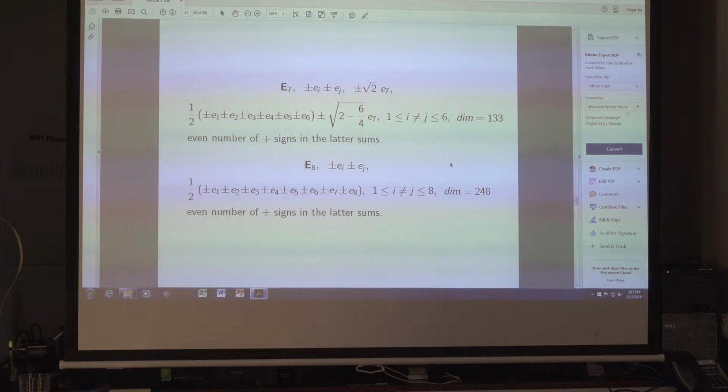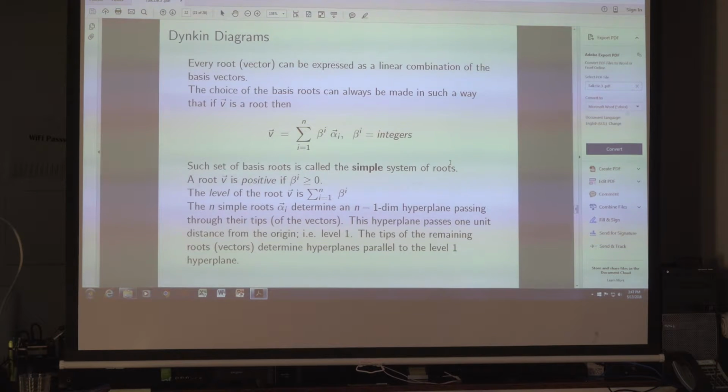So this is all in your book, all the details of how you can generate the simple roots. And then all the other roots, when you look at all the combinations you can make, this is how you can generate 248 of them for E8.